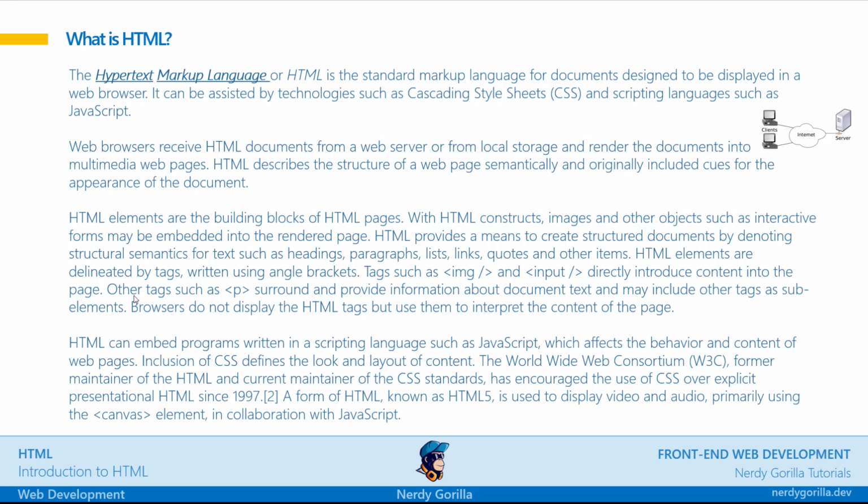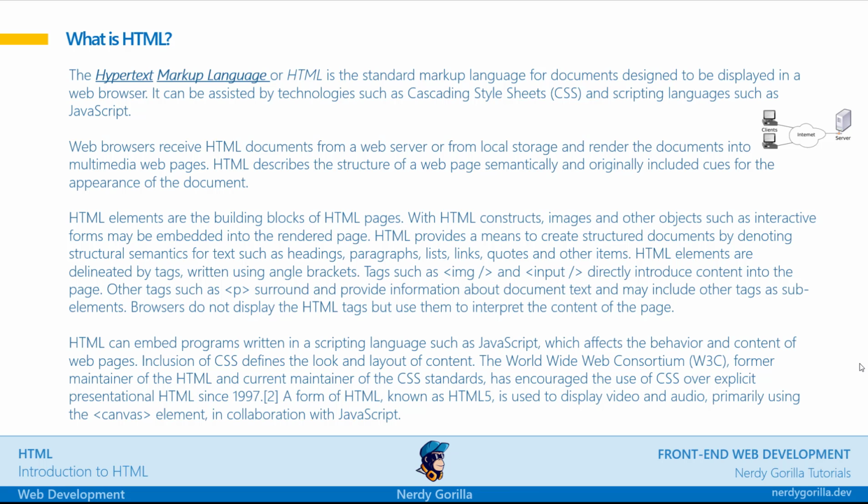Other tags such as P, which stands for paragraph, surround and provide information about document text and may include other tags as sub-elements. So we can nest HTML elements inside each other, and by doing that we can form a structure.